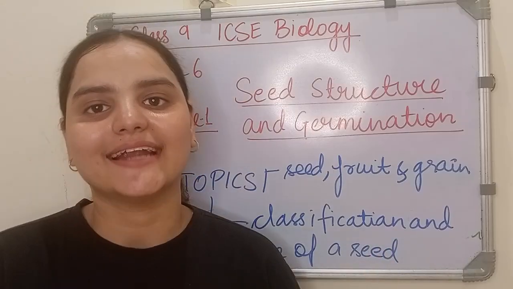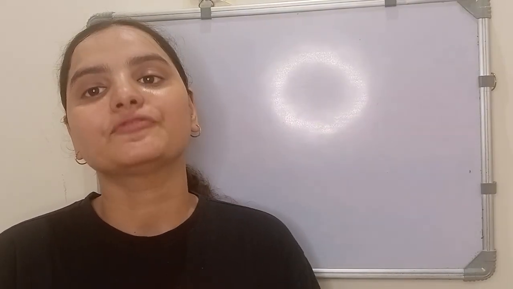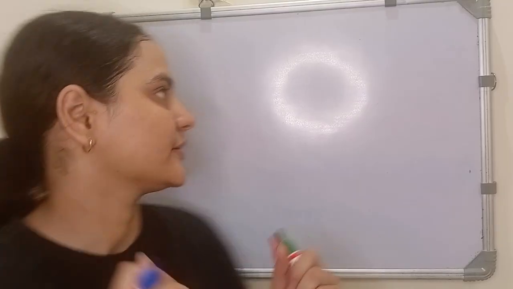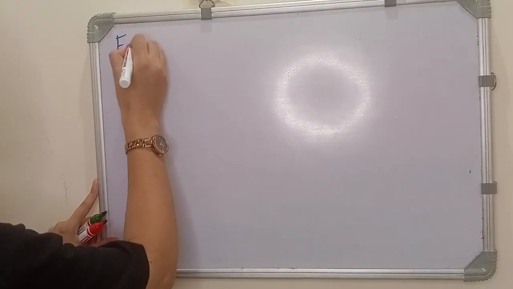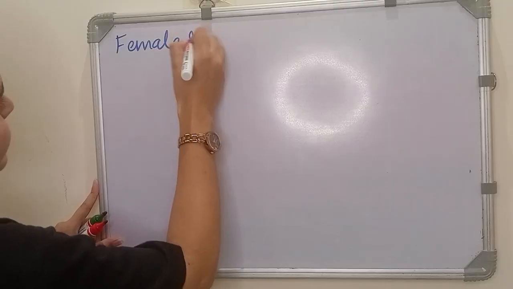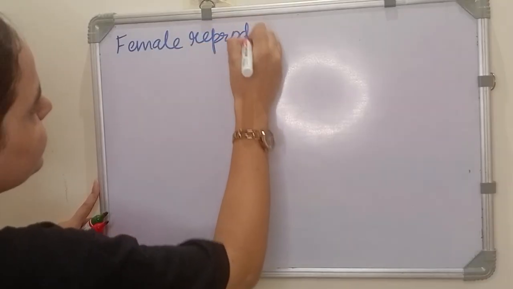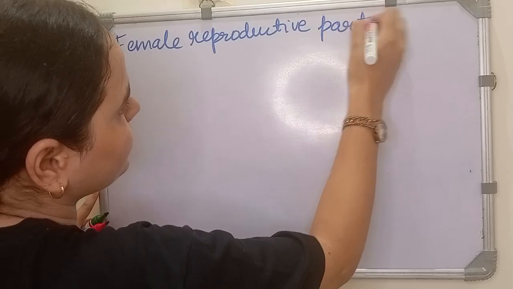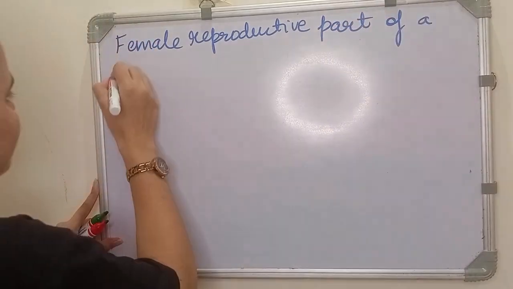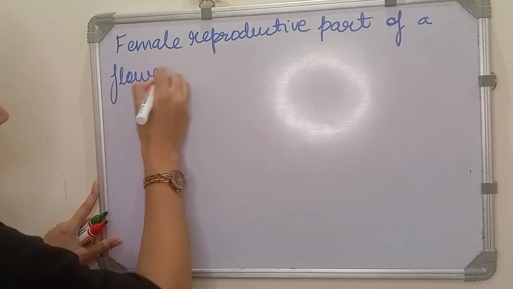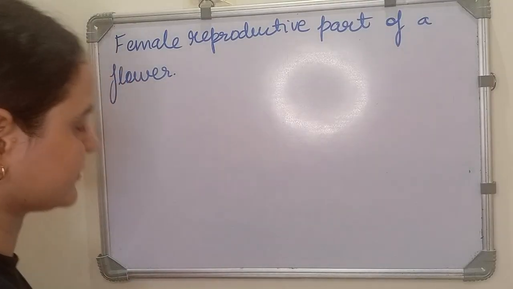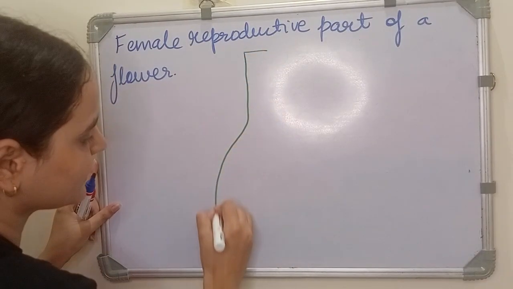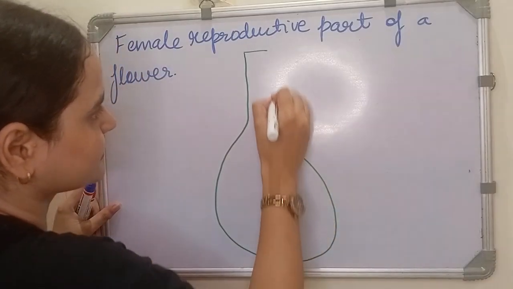So let's start. Before understanding seed and fruit, let's revise the female reproductive parts of a flower. So we are drawing the female reproductive part of a flower. Okay, so this is how a female reproductive part looks.